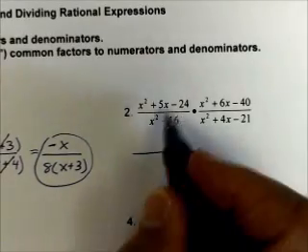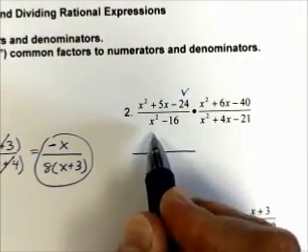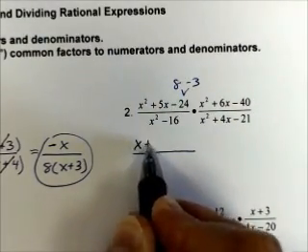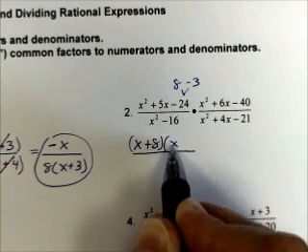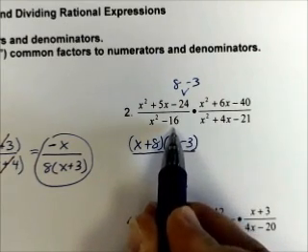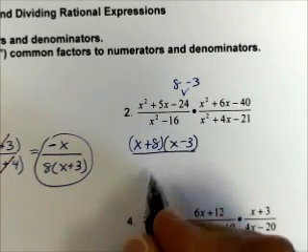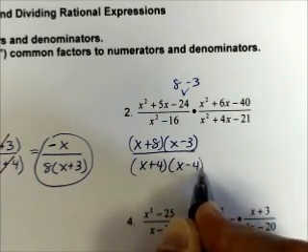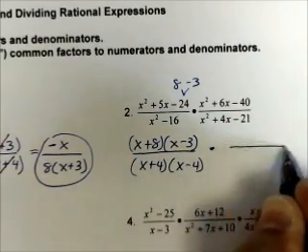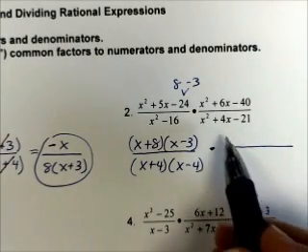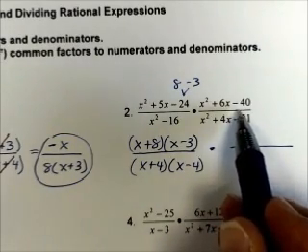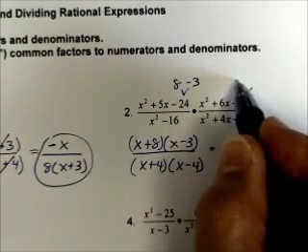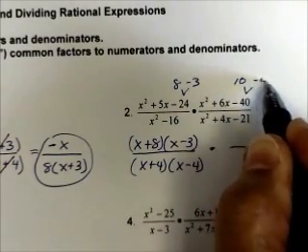Number 2, we're going to factor the trinomial of the first numerator. The factors of negative 24 that add to 5 are 8 and negative 3. So this is (x plus 8) times (x minus 3). And our denominator is the difference of two perfect squares, (x plus 4) times (x minus 4), times our next rational expression. Numerator, factors of negative 40 that add to 6: 10 and negative 4.